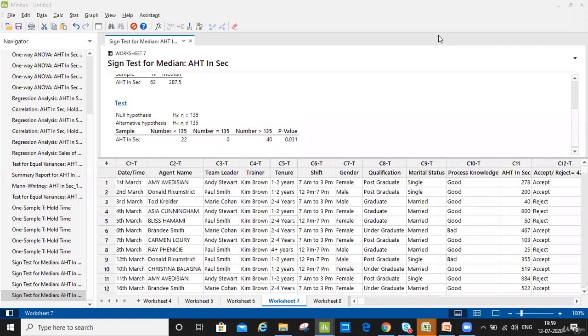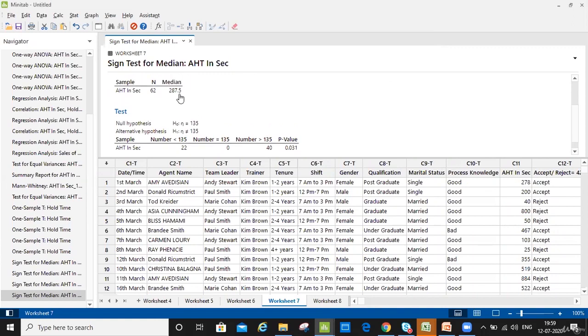Therefore you will do a one sample T or one sample Z, wherein you are comparing the actual performance mean with a mean of your choice, which you think is possible. In this example, the median was 287, which is the actual performance. I haven't done anything, right?